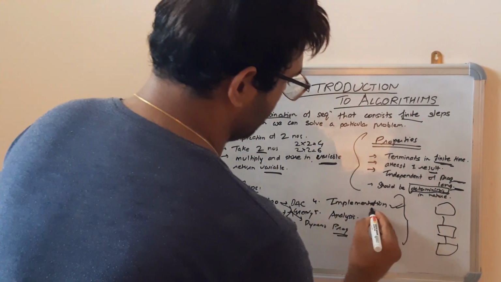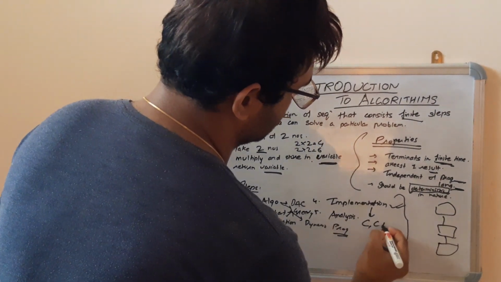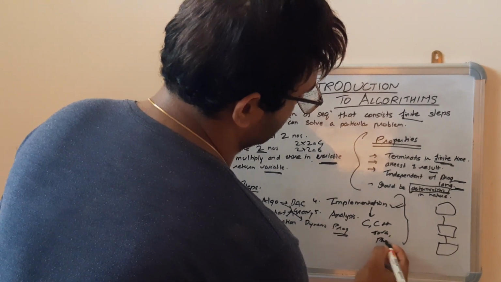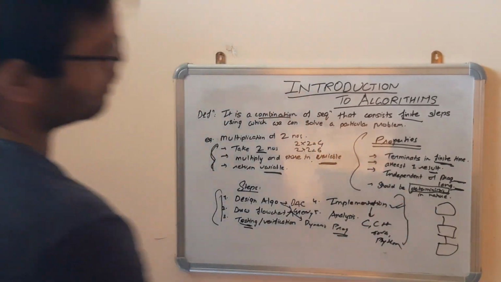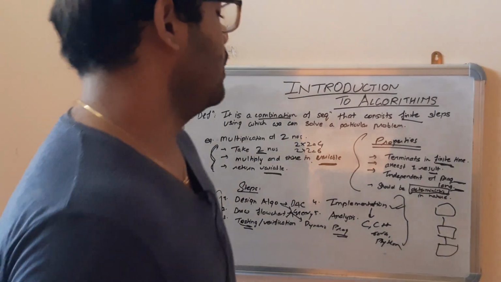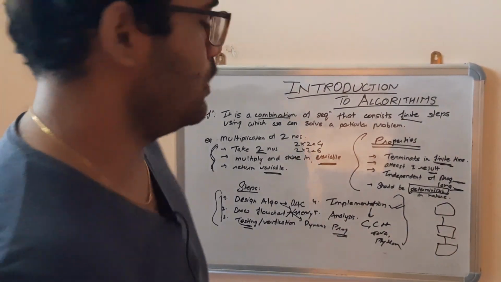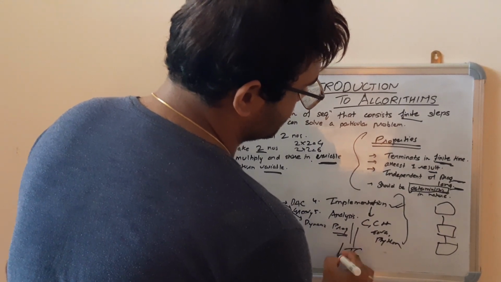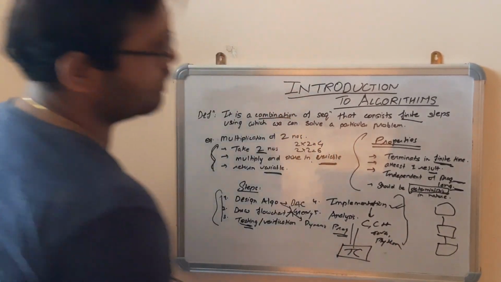We code it in languages like C, C++, Java, Python, right? So we code in all these languages. Once that is done, we analyze it. By analyzing, we basically mean TC, that is time complexity.